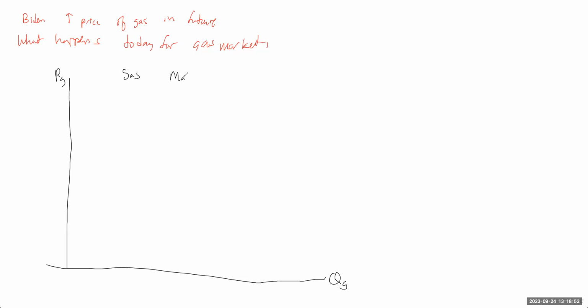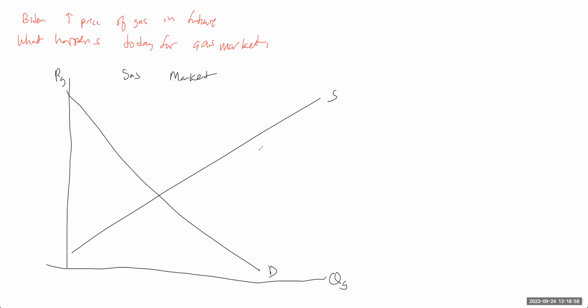All right, so before Biden does this weird stuff, we're going to say price, quantity of gas, price of gas. This is the gas market. There's demand for gas. Here's the supply for gas. We're in a happy-go market equilibrium. There's P star, Q star for gas.